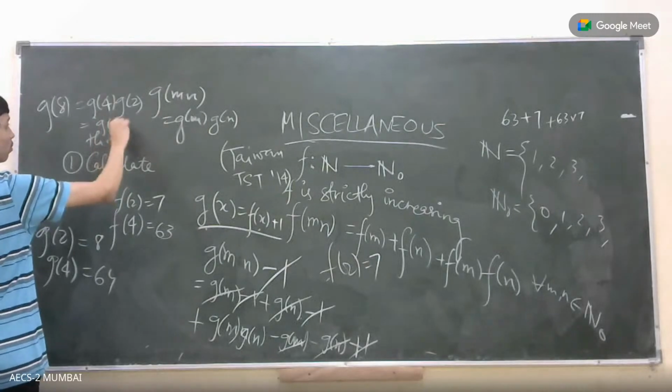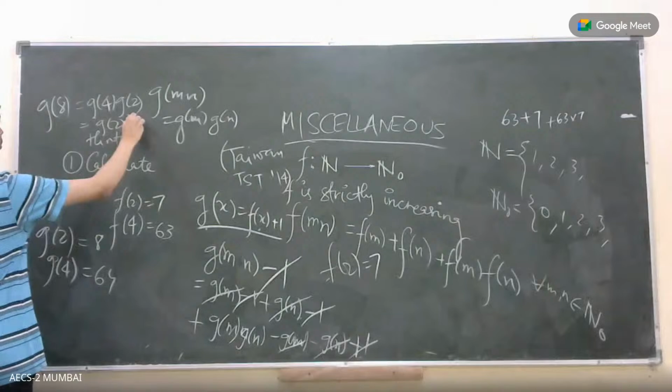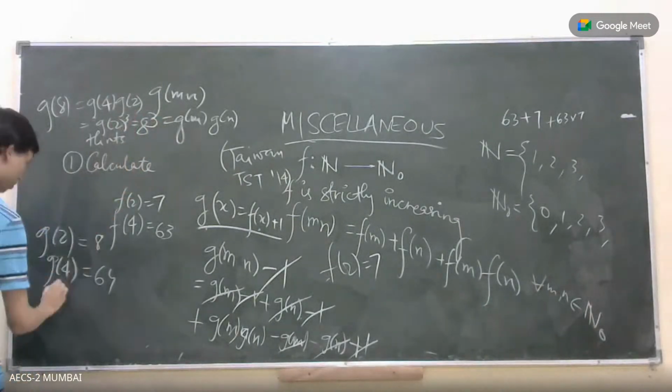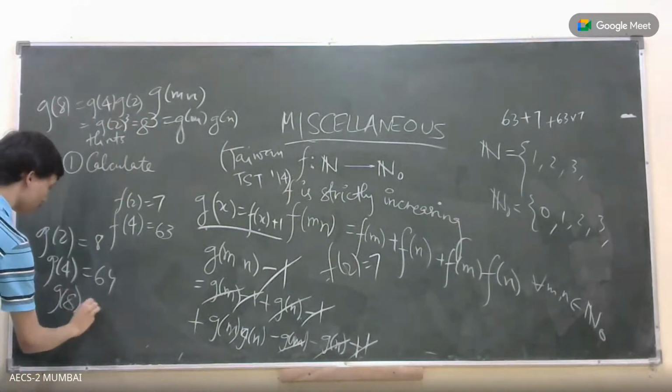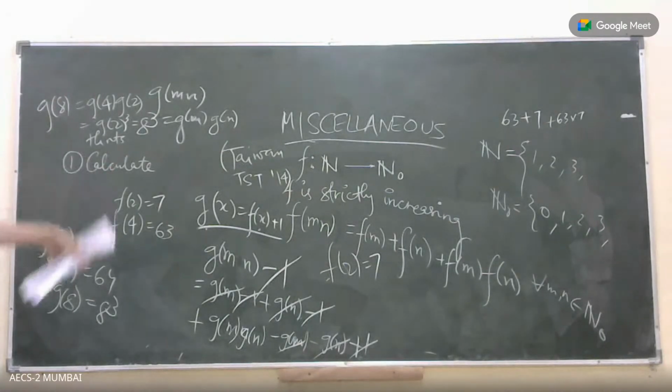This becomes g of 2 cubed. What is g of 2? 8. So do you see a pattern here? What's the pattern? Cubes, right? 2 cubed is 8, 4 cubed is 64, 8 cubed.